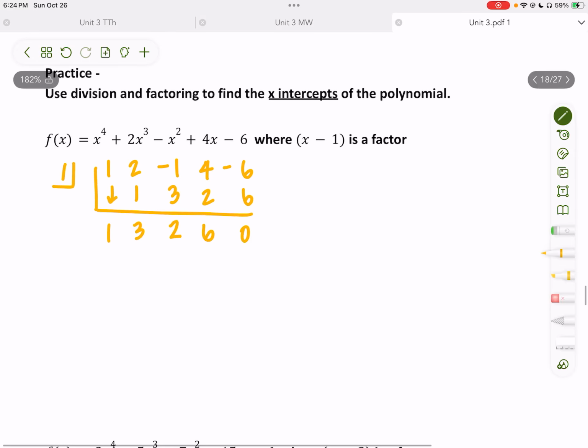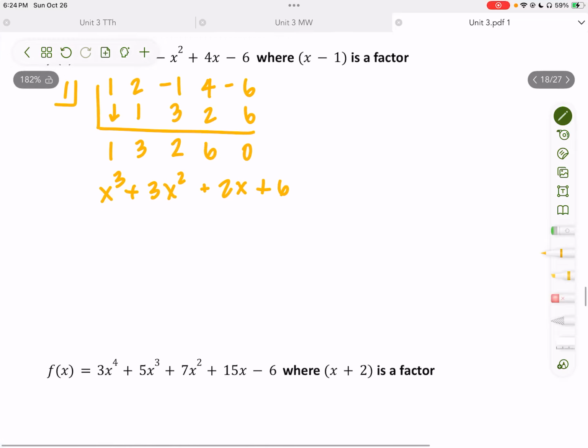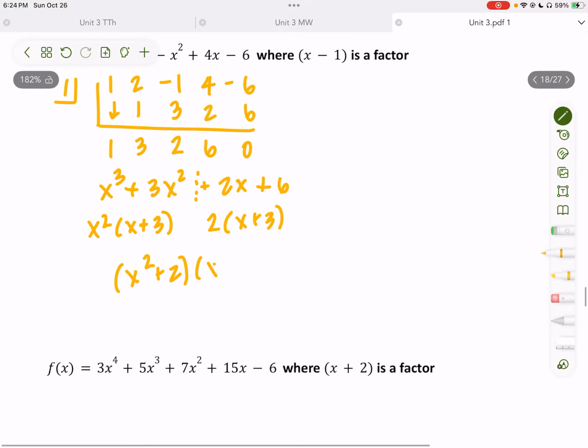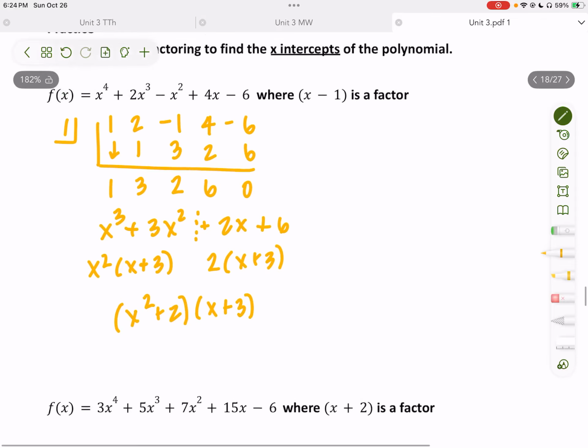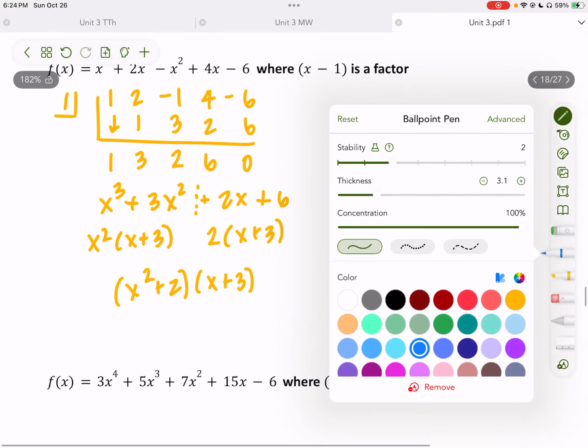There we go. We have x cubed plus 3x squared plus 2x plus 6. Factor by grouping. Take out the 2 on the other side. We're left with x squared plus 2 and x plus 3. Remember, we have the x minus 1 from earlier.